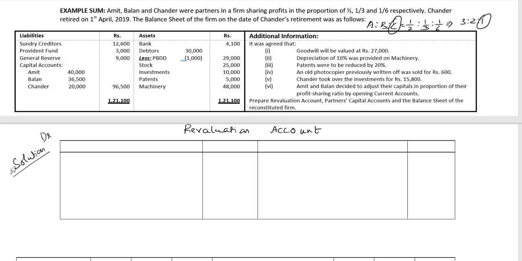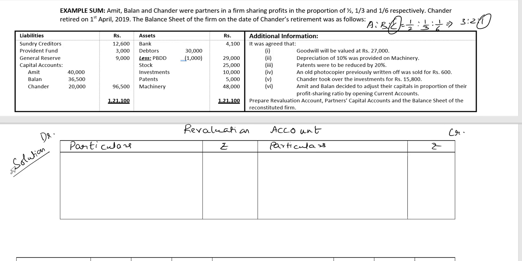Left side debit side, right side credit side, particulars, rupees, particulars, rupees.